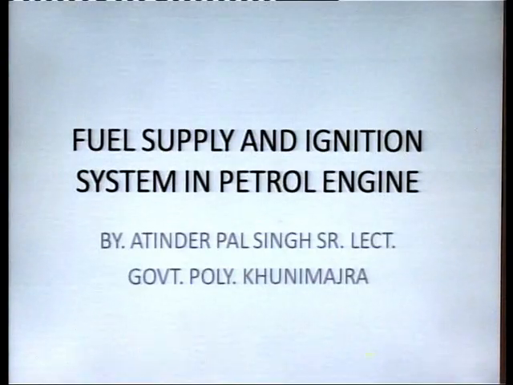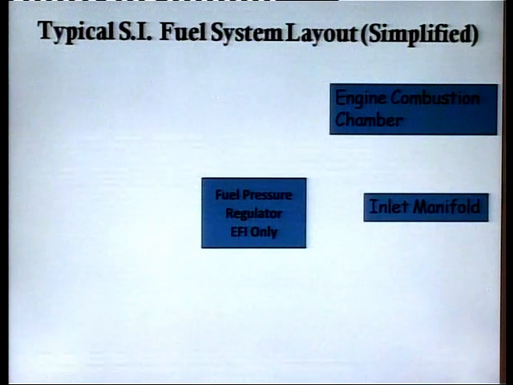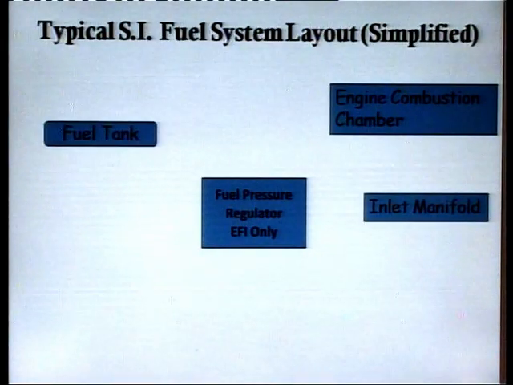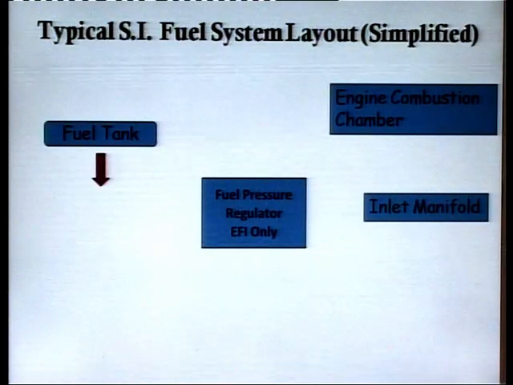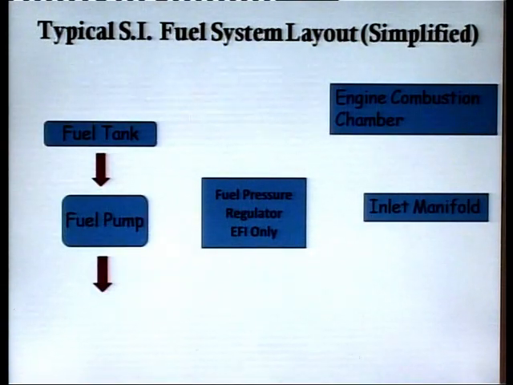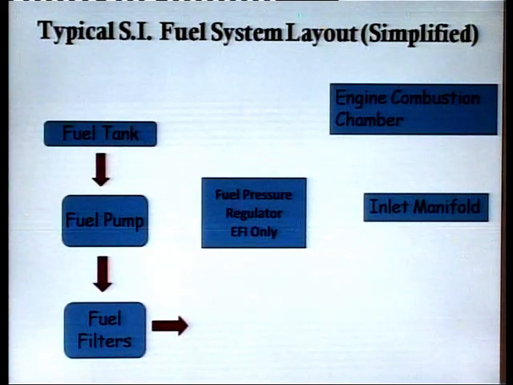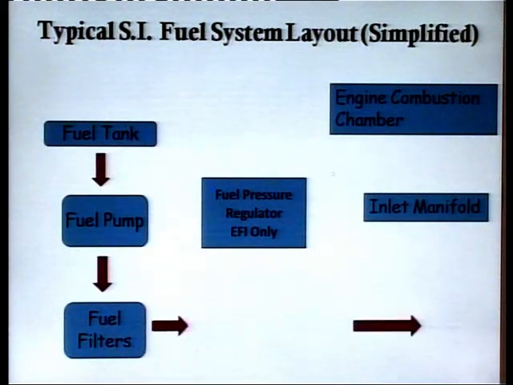First of all, we will go through a typical spark ignition fuel system layout, which is simplified for you. What are the major components? The first one is the fuel tank, where we store the fuel. From the fuel tank, the fuel is supplied by a fuel pump through the fuel filters to the carburetor.